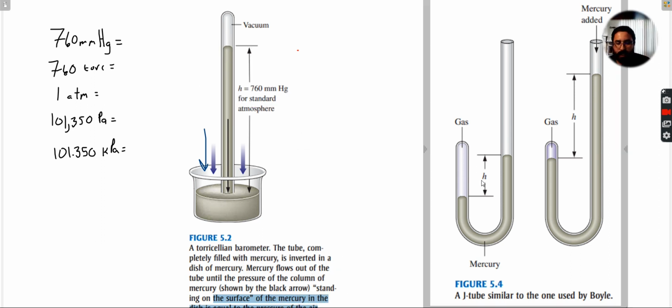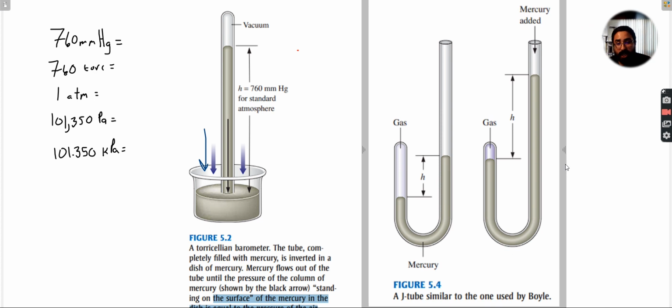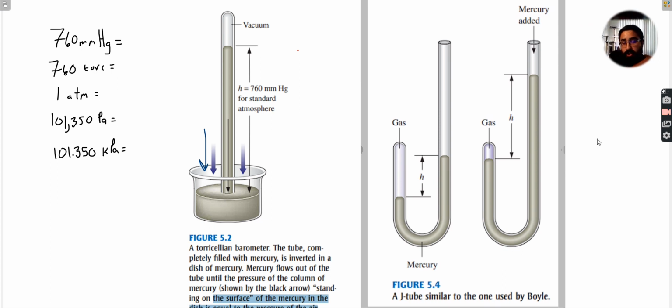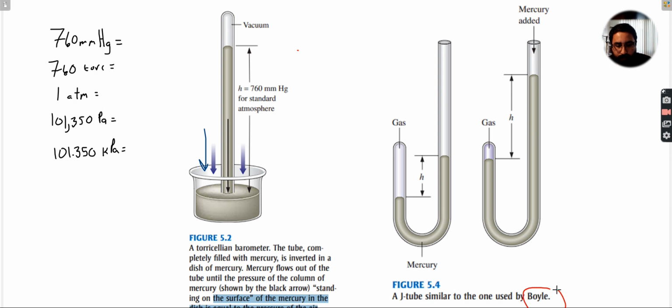Now, let's take a look at a J tube, right? A J tube is what Robert Boyle used. He made a bunch of contributions to science. Super smart man.